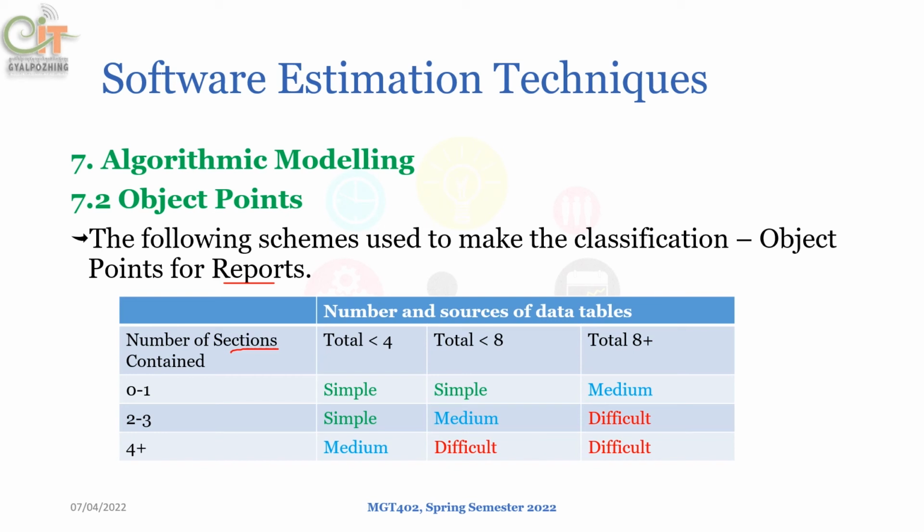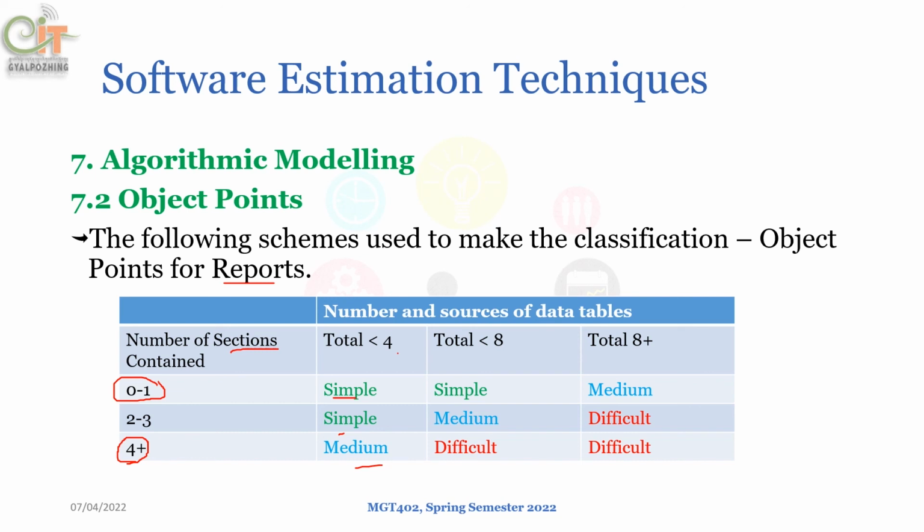So in here, if the section number is 0 to 1, then it's simple, provided the data table is less than 4. And if it is 2 to 3, then it's simple for less than 4 data tables. And if the section number is more than 4, then the complexity is medium.